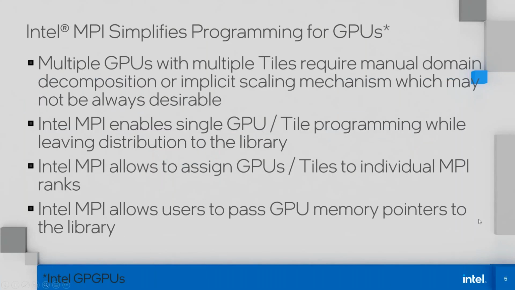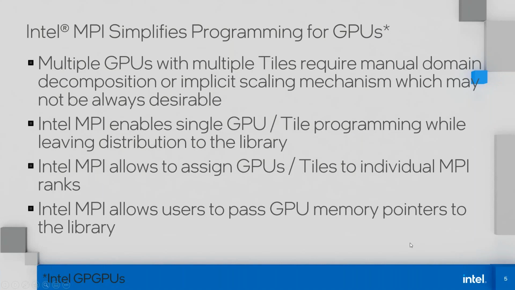Another aspect of the programming model is resource management. There are different GPU configurations you can face, with multiple GPUs on the host. Each GPU can have multiple tiles, one tile, or even no tiles, and you should somehow handle it if you want to use all available resources on the machine.